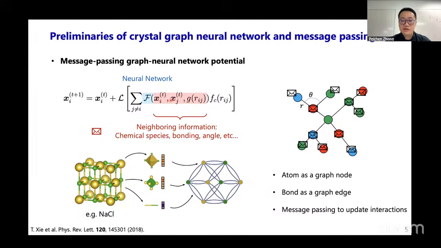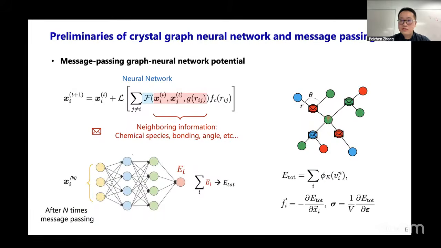By transforming the chemical information, the species, the bond information or the angle information, you can pass the messages from the neighbors to the next neighbor and to the next neighbor. After several rounds of message passing, the central atom gets basically the information of all the neighbors within a cutoff radius. This is known as a graph neural network. Based on this, you can use the graph node information to get the site energy. By summing over all the site energy, you can derive the interatomic forces and the stress.